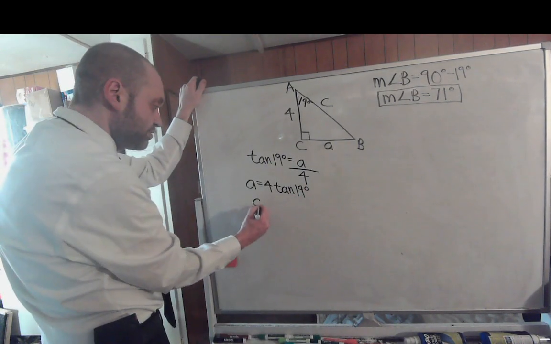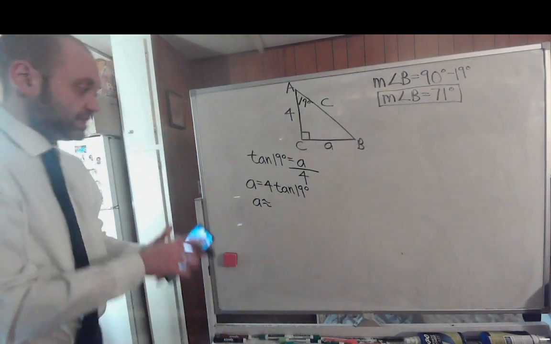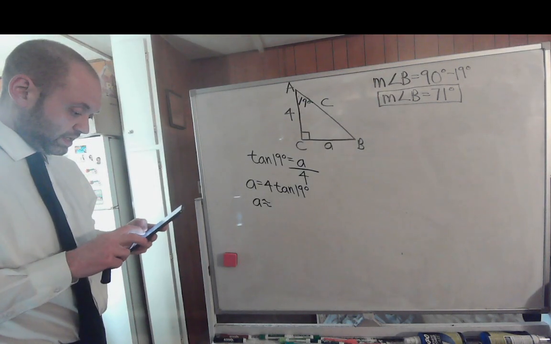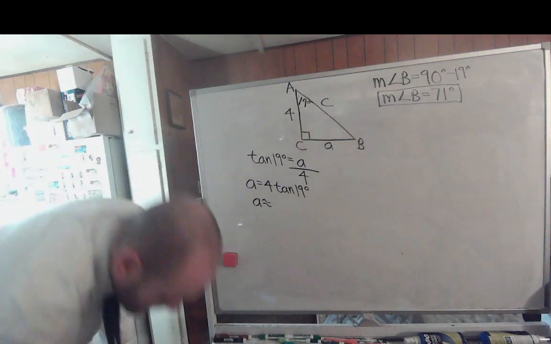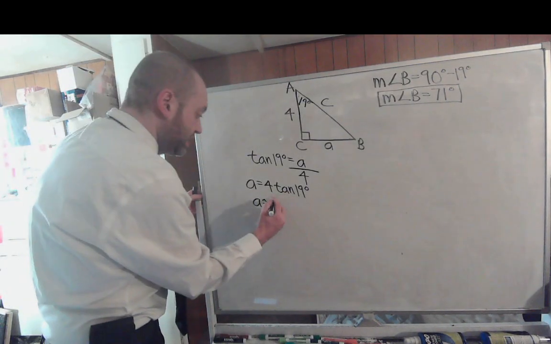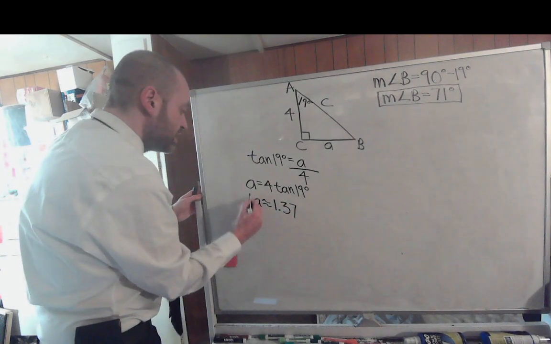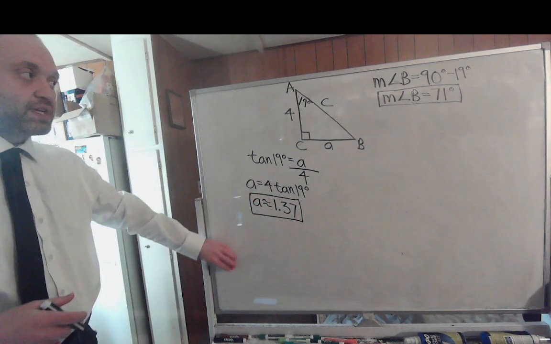So now we can proceed to get a decimal approximation to 2 decimal places. So let's find that. We get that A is approximately equal to 1.37. So side A has a length of approximately 1.37.